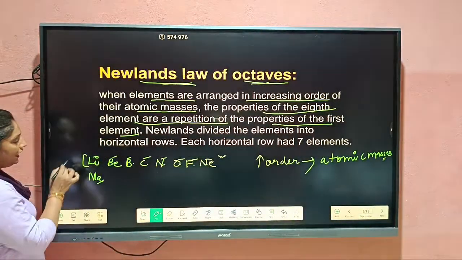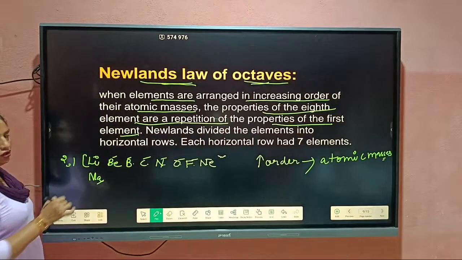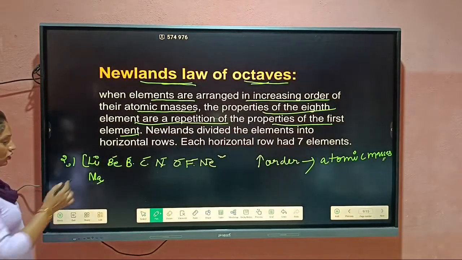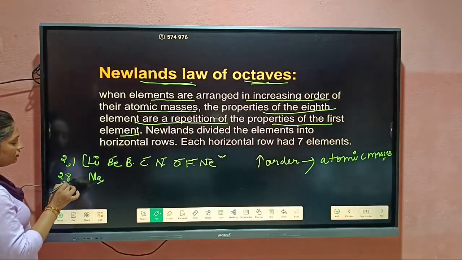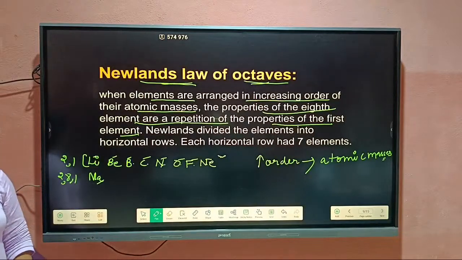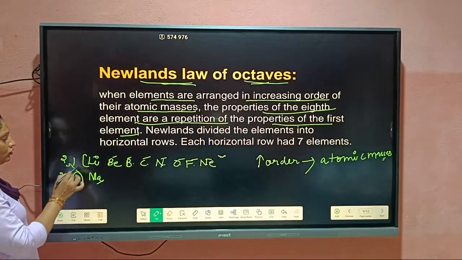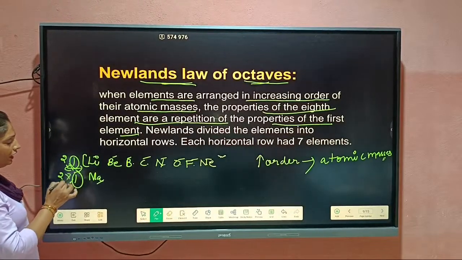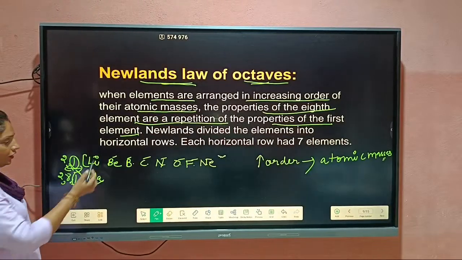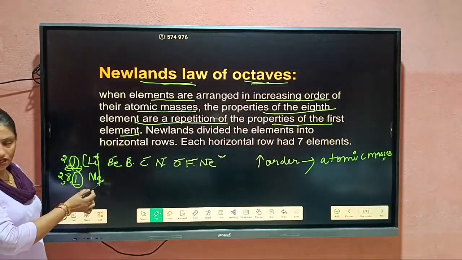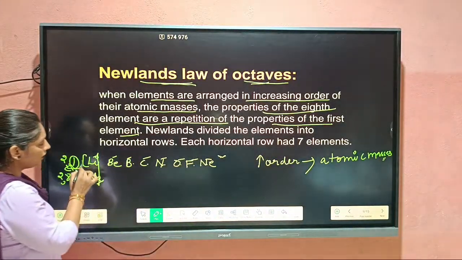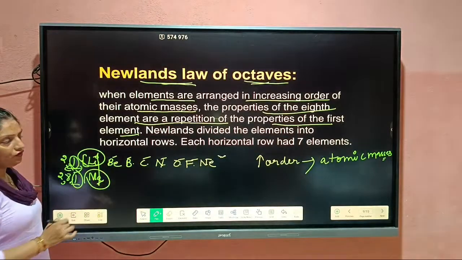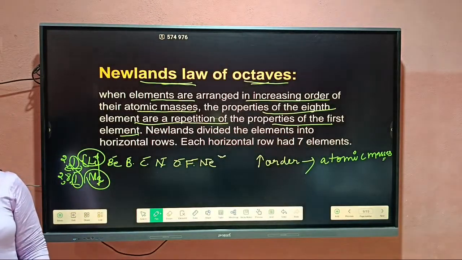Here lithium has electronic configuration 2, 1. Atomic number is 3. And here sodium has atomic number 11. Both have 1 electron in their outermost shell. So both have tendency to lose 1 electron. So their properties are similar. So the first element and the 8th element, both are similar.